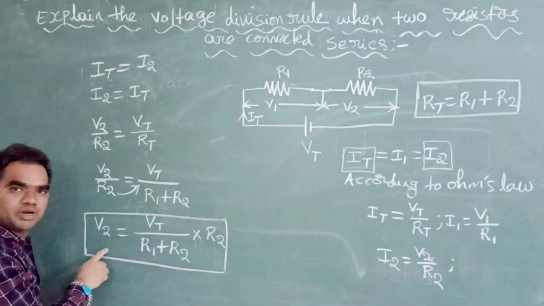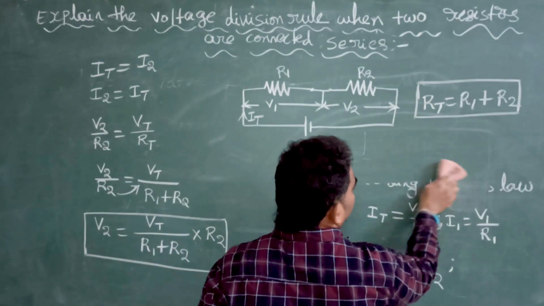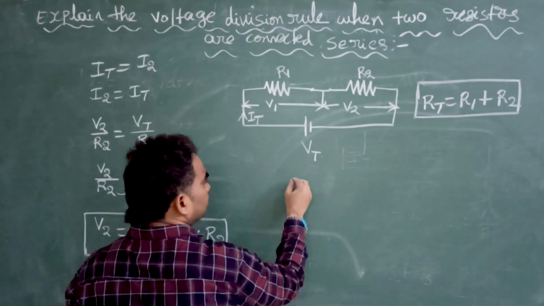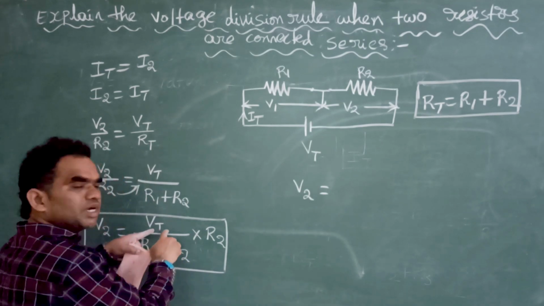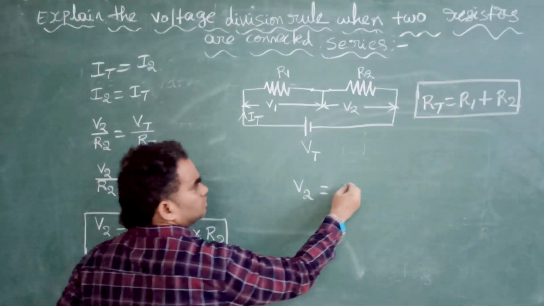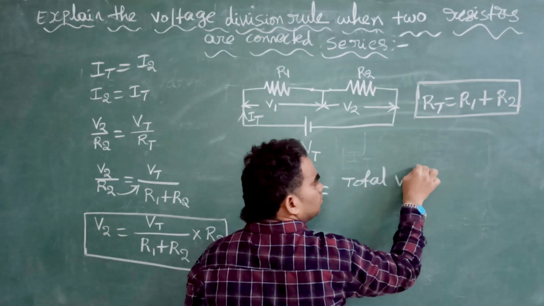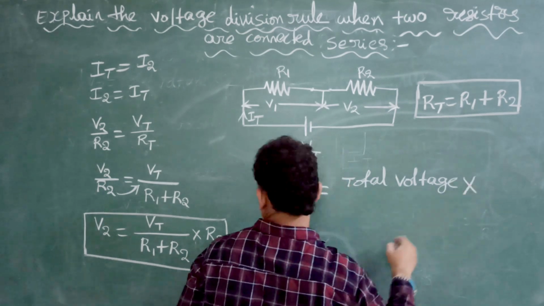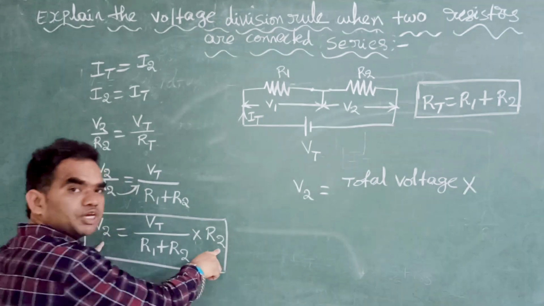This can also be written as V2 is equal to Vt, which means total voltage, into R2. R2 means we find out the V2 value.